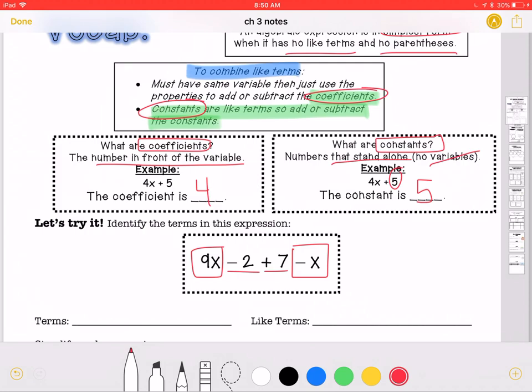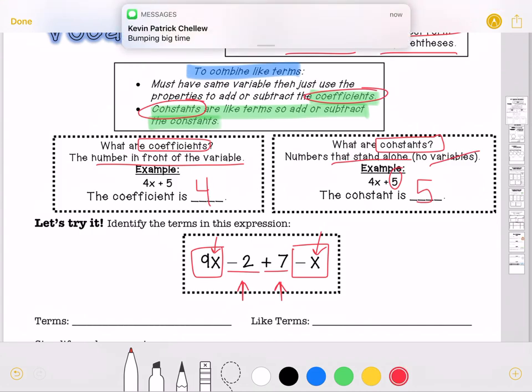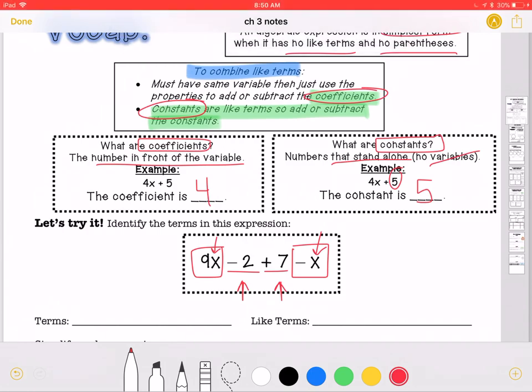I like to kind of box anything that has a variable. So I see an x and an x, so I boxed it and I underline those maybe numbers that stand alone, those constants. You can do it any which way, but basically a term is any part of your expression. So then I would list out all of my terms.